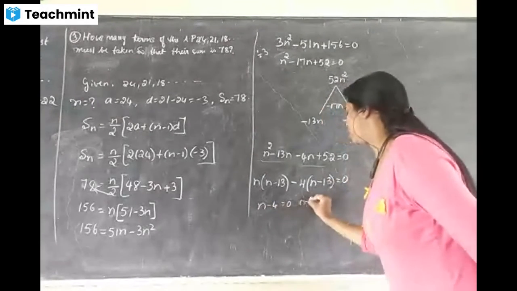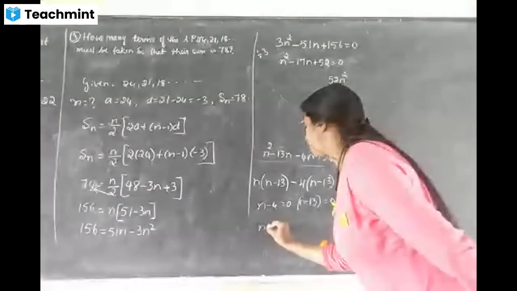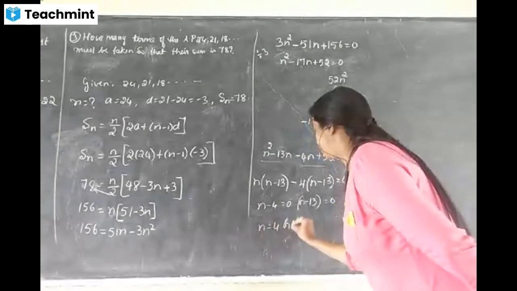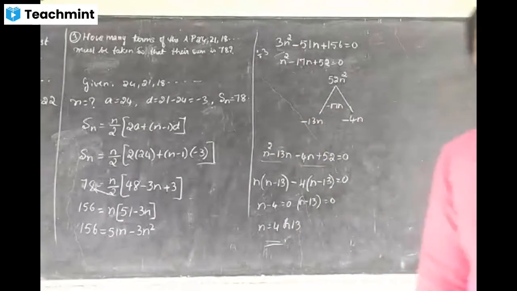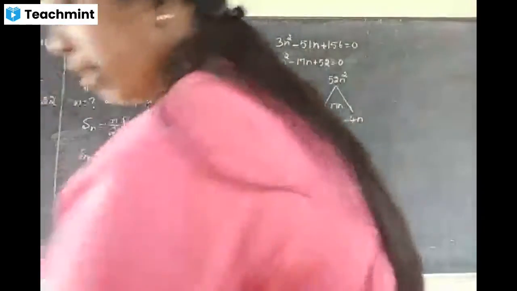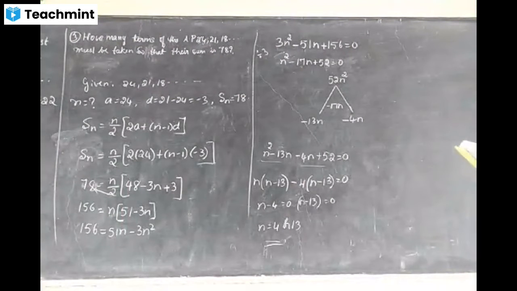So n is either 4 or 13. Okay? The n value is either 4 or 13. Okay, this is the method.